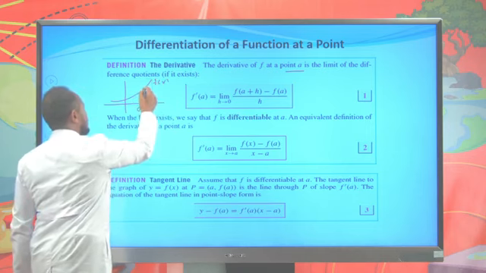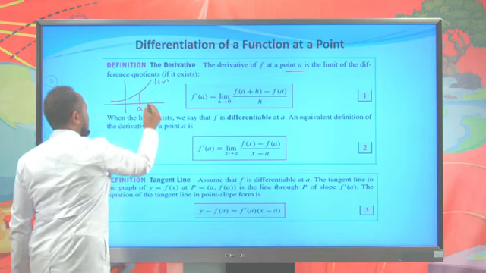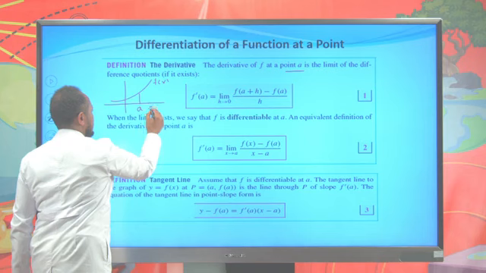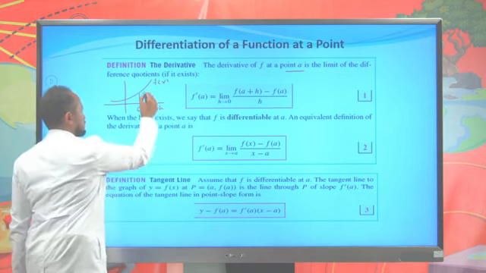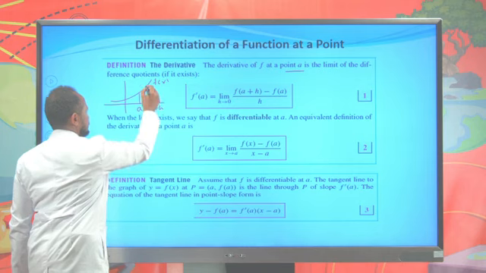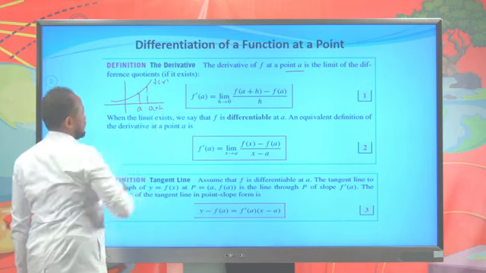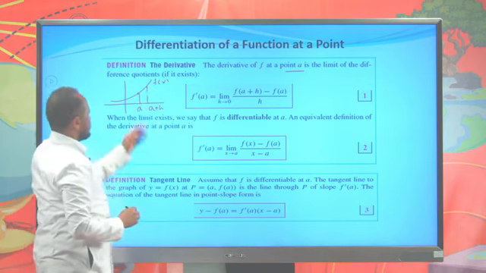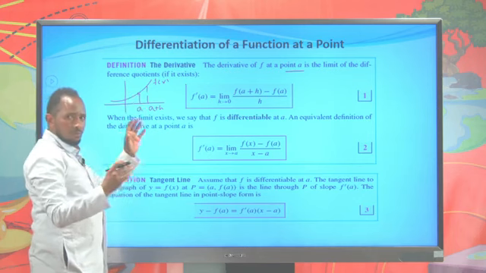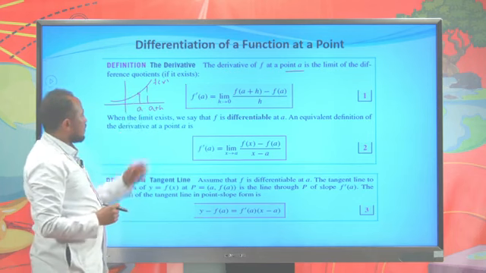We need to find 2 points. Let's take a point here, A plus h. Between these two, we try to find the slope of this expression.